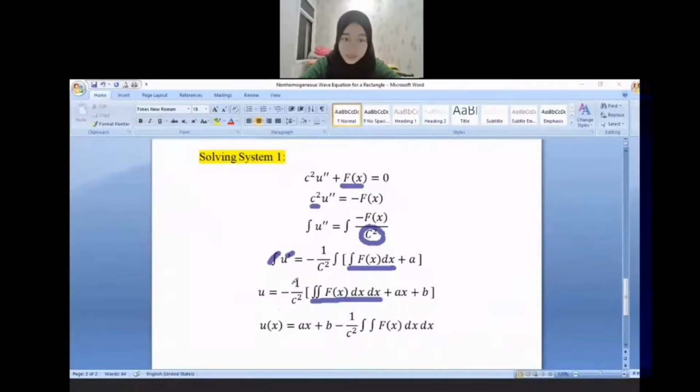If we multiply negative 1 over c squared with ax, we will still get ax, because a and c are just constants. Same goes to b, so we just name it ax plus b minus 1 over c squared double integration of f(x) dx. So this is for system 1.